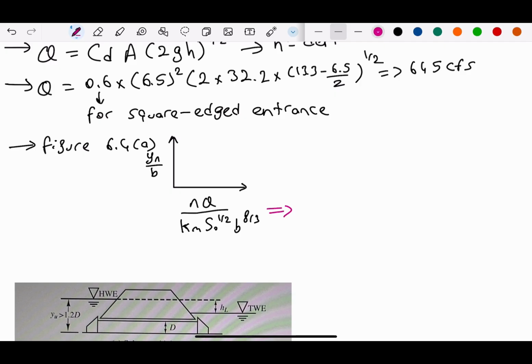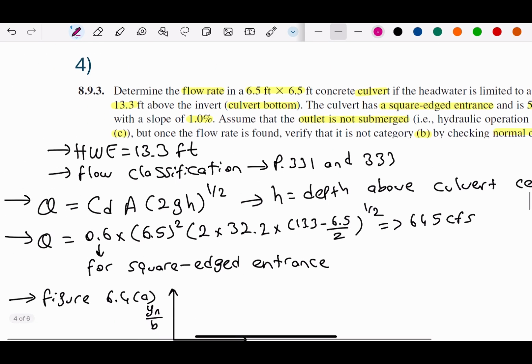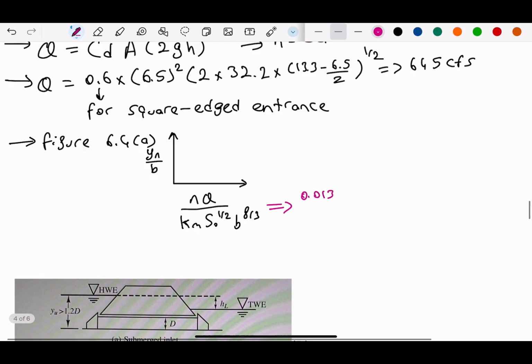So let's calculate. n is 0.013, which is given for the concrete. We calculated Q, so it was 645. K is 1.49 for British units.